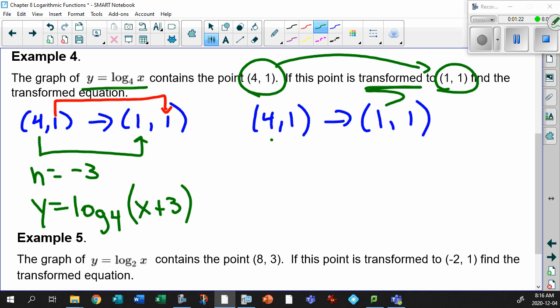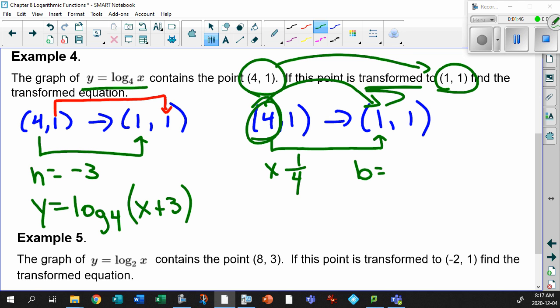Check this out, because if you think about that, then you can look at this and say, well, wait a second, isn't that a horizontal stretch of a quarter? Well, in fact, it is. Because if you multiply this by a quarter, you end up getting that. So if you multiply it by that, that must be my b value, but I know my b value is flipped. My b value has to be, of course, 4.